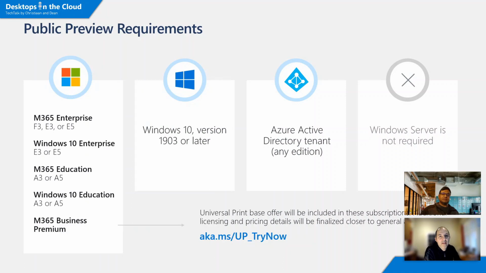It's pretty easy to get it started and enable users and have them start to print using Universal Print. The devices that are supported are Windows 10, starting at version 1903 and later. Hopefully in the future we'll have printing from other platforms, but that's way in the future. So right now it's from Windows.